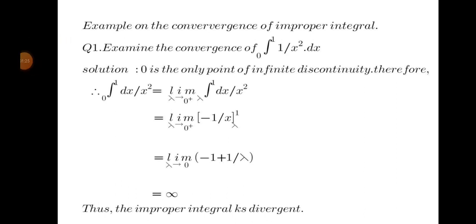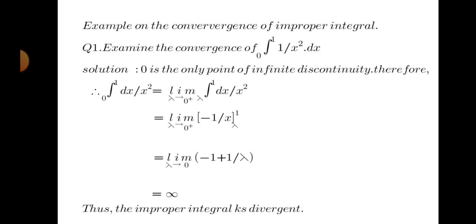Zero is the only point of infinite discontinuity. Therefore, the integration of 1 by x square from 0 to 1 is equal to the limit of the integration of 1 by x square from lambda to 1 when lambda tends to 0, which is equal to the limit of minus 1 by x from upper limit 1 to lower limit lambda when lambda tends to 0.